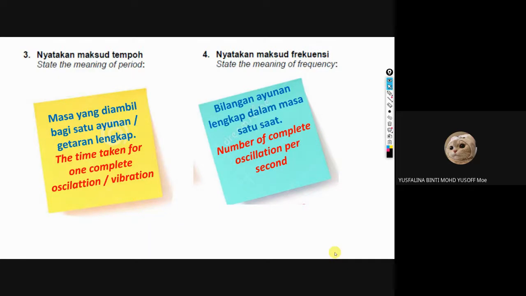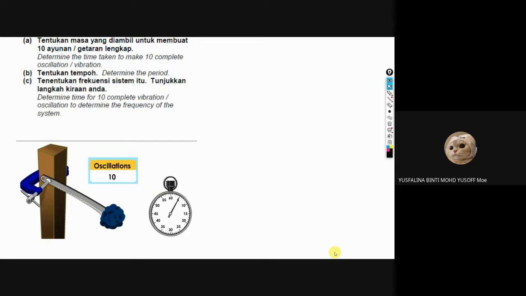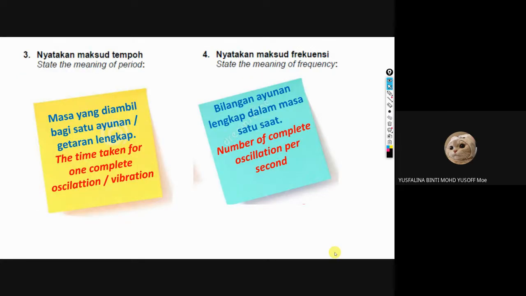Let's say in the pendulum oscillation experiment, the first thing you have to do is take the pendulum and go to point A. Let me draw. This is the pendulum, and this is the equilibrium position.